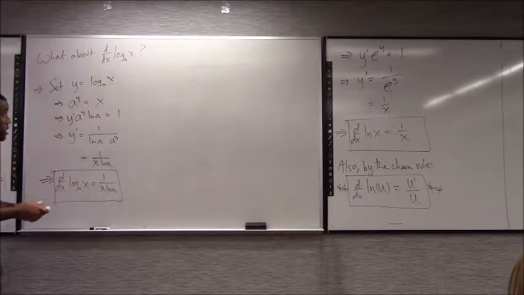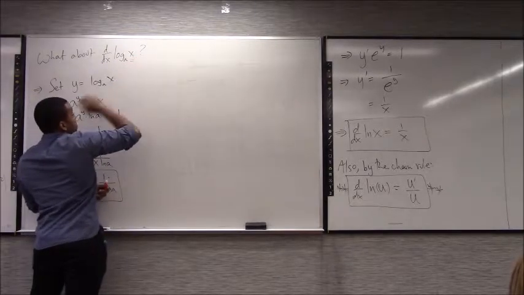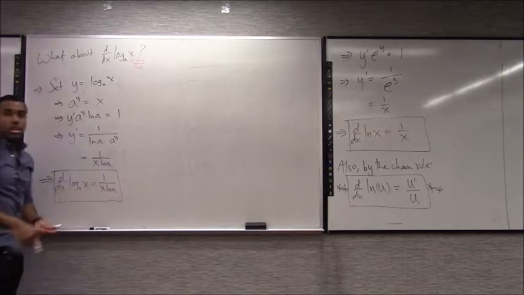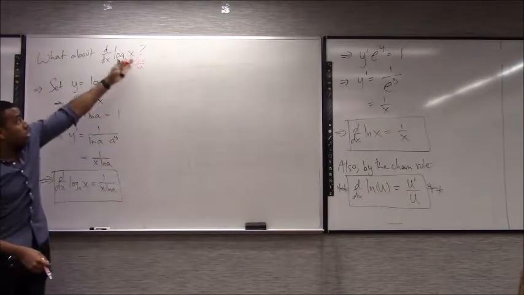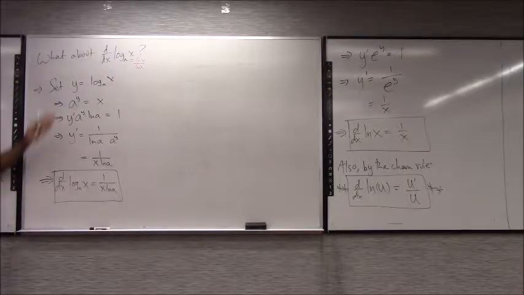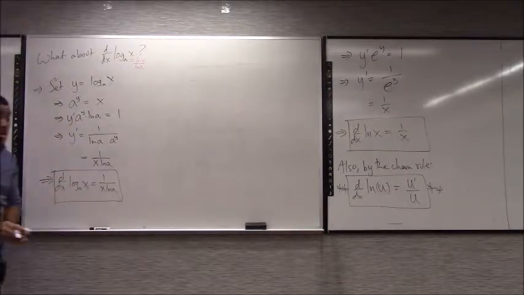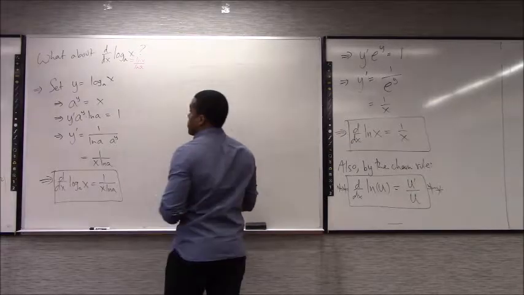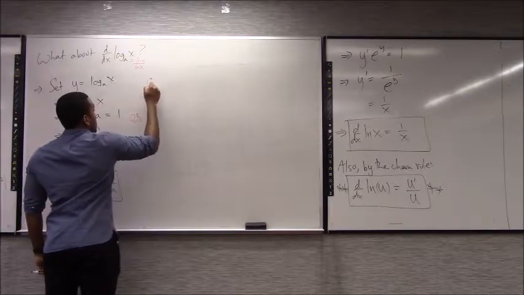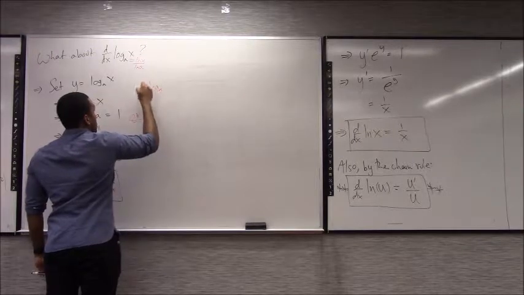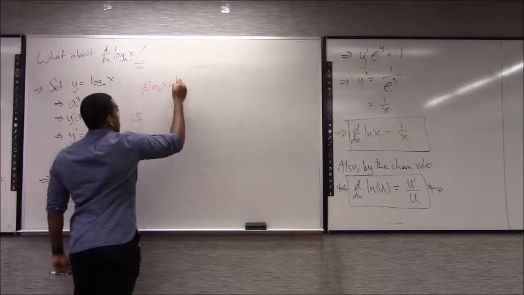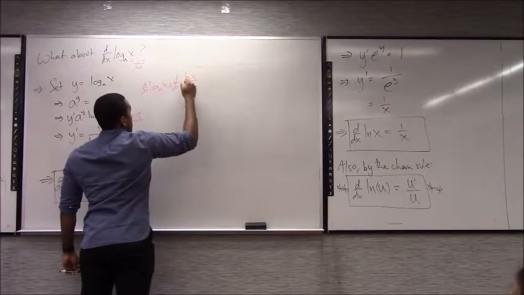Another way you could also derive this is by using the change of base formula and realize that you can write this as ln x divided by ln a. And then we know how to differentiate ln x, so again it just becomes 1 over x ln a. But you could go by first principles and do this as well. The derivative of log to the base a of x is equal to the derivative of ln x over ln a.